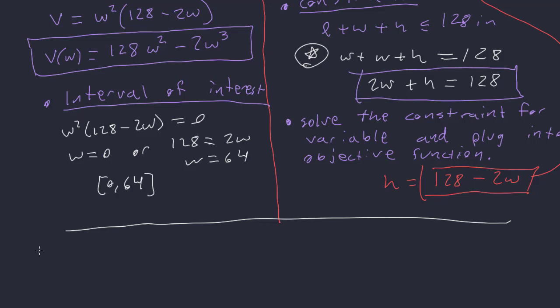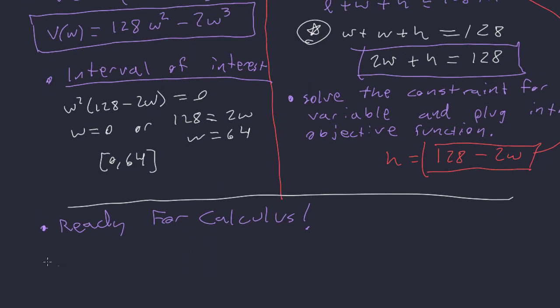All right, next up. Now we're ready to apply calculus. We're going to find the derivative, set it equal to 0, which we don't have to worry about undefined things here because we have a nice polynomial, solve for w, and get all of our dimensions. So we're going to take v prime of w, and that's going to be 256 times w minus 6w squared.